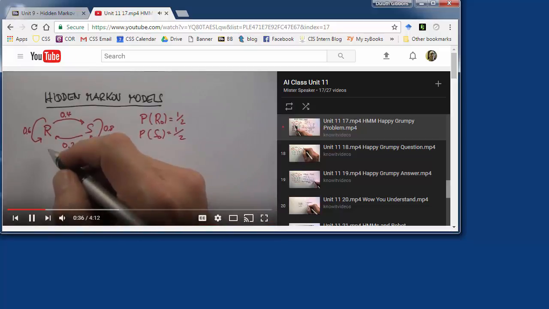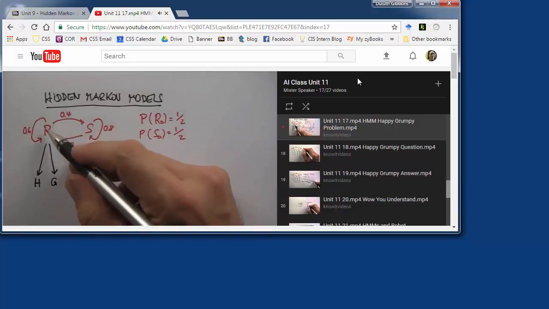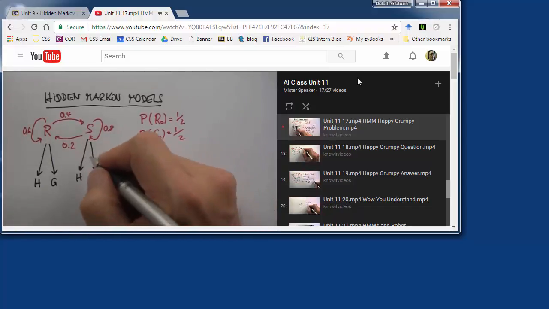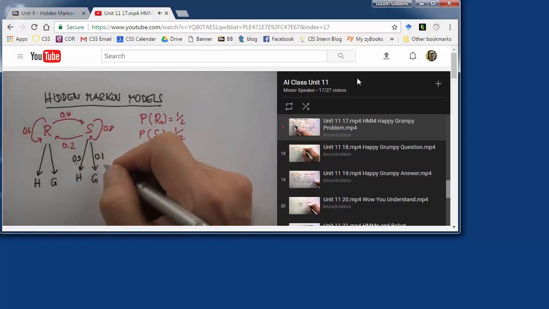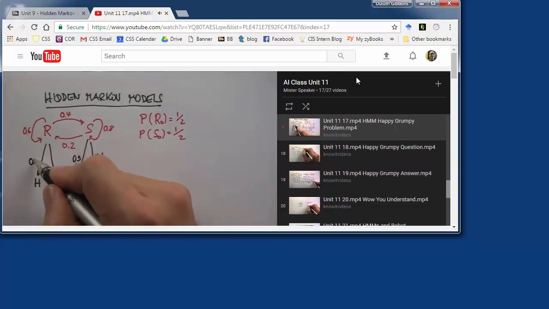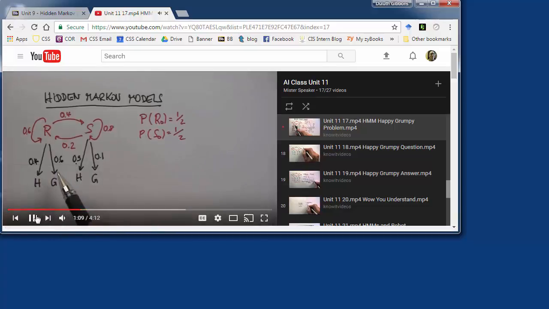So suppose I can be happy or grumpy, and happiness or grumpiness is being caused by the weather. So rain might make me happy or grumpy, and sunshine makes me happy or grumpy, but with vastly different probabilities. If it's sunny, I'm just mostly happy, 0.9. There's a 0.1 chance I might still be grumpy for some other reason. If it's rainy, I'm only happy with 0.4 probability, and with 0.6 I'm grumpy. In fact, living in California, I can attest that these are actually not wrong probabilities. I love the sun over here.